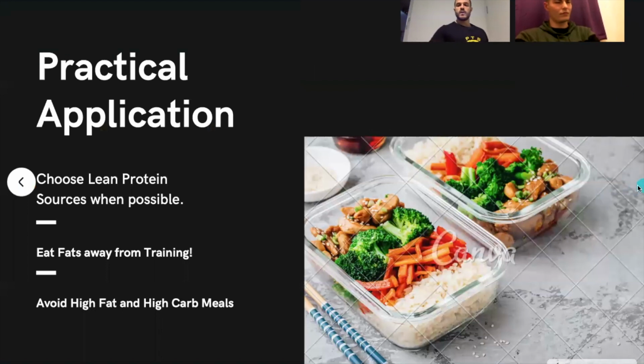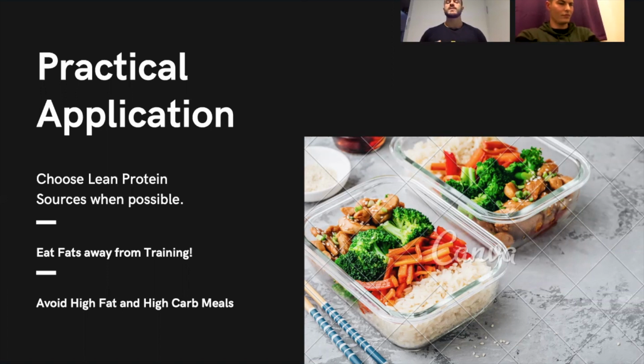So let's get some takeaways from this, and some practical applications. My suggestion and my preference, especially when selecting protein sources, is to go for the lean. Not always, but most of the time choose lean protein sources when possible.